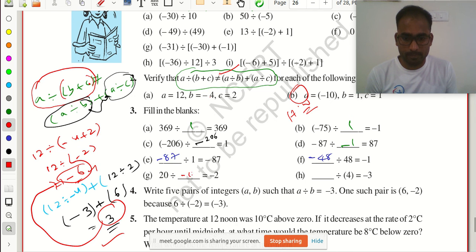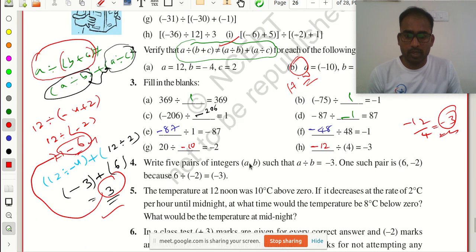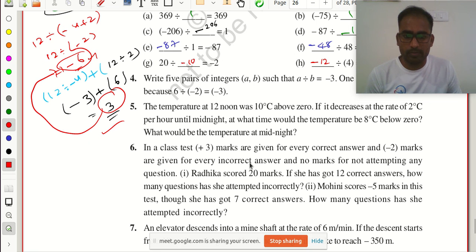Minus 10. Minus 12 divided by 4 is minus 3. Minus 2, sir. Okay, and we solve the remaining problems also.